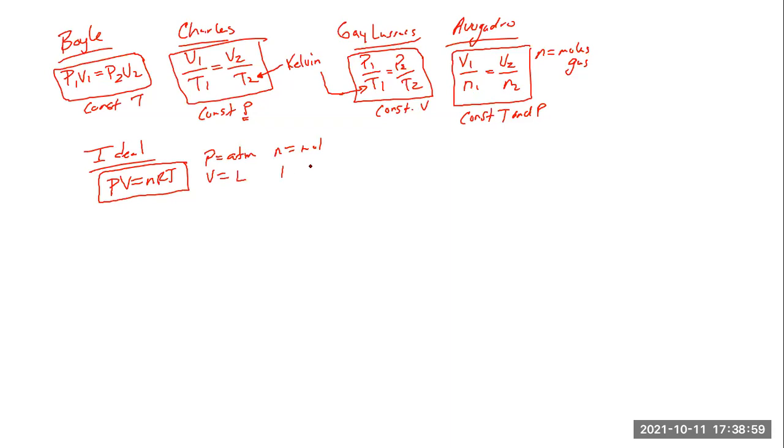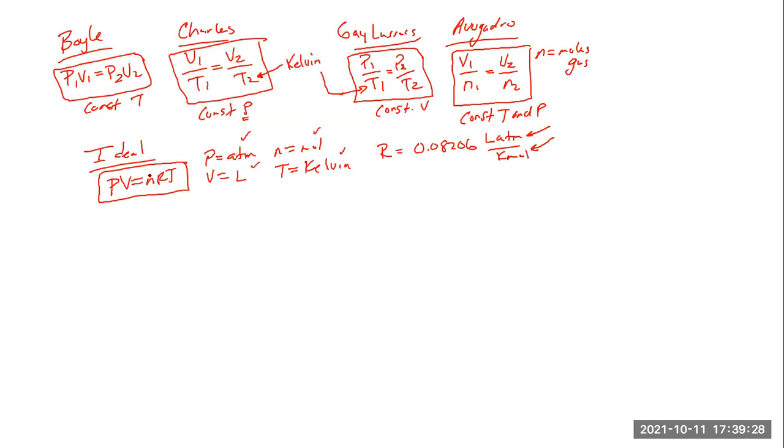And T, like every other gas law, does need to be in Kelvin. The reason for all that is R, which is the gas constant, a value that you always have: 0.08206 liters times atmosphere over Kelvin times mole. You will probably have this number given to you with the units, so that's a helpful way to remember what everybody else's units need to be.